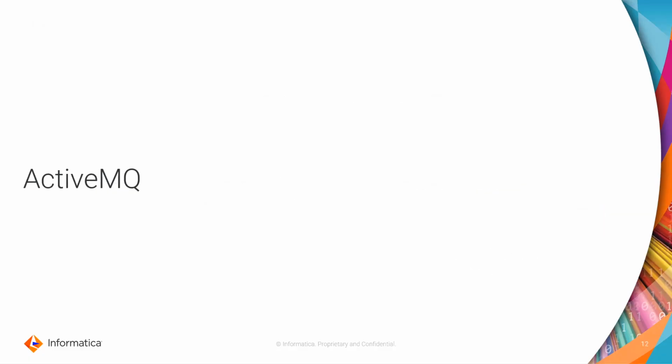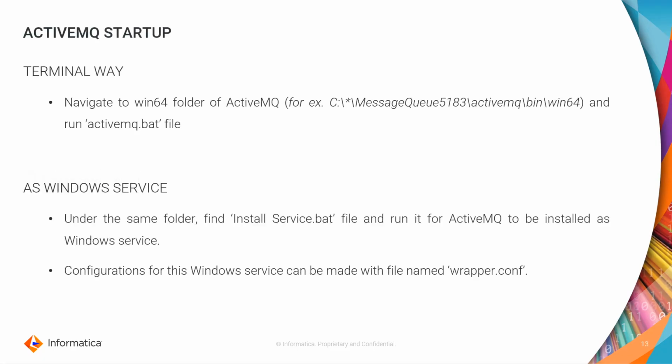Next we'll look into the other dependent component called ActiveMQ, which is a message queue used by P360 for routing messages. Like Elasticsearch, ActiveMQ can be installed in two different ways, as a terminal and as a Windows service.